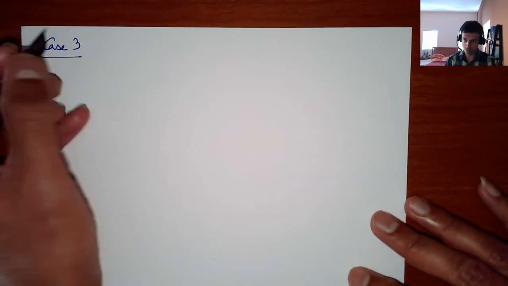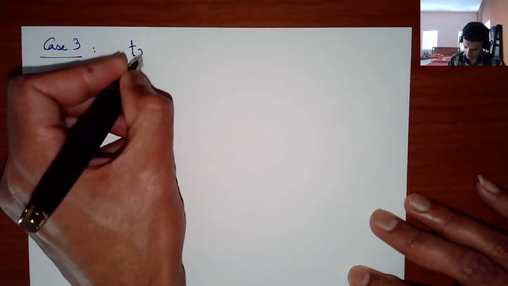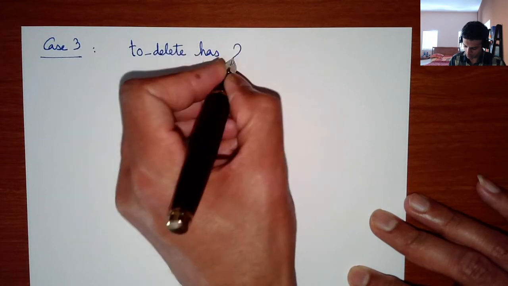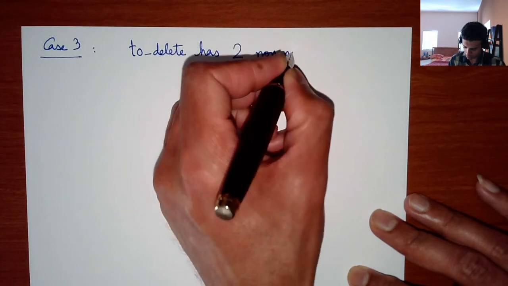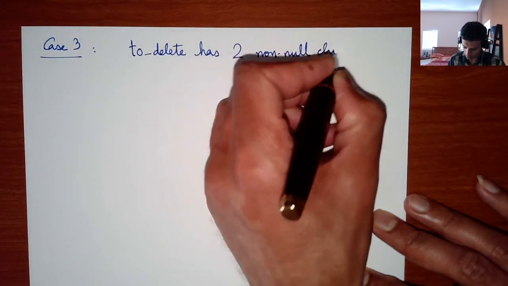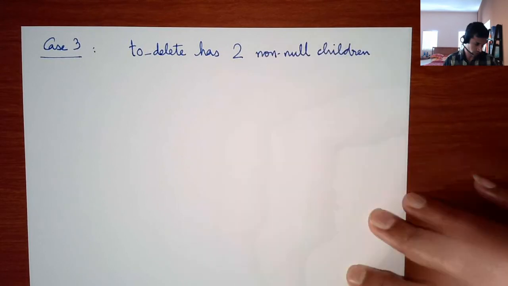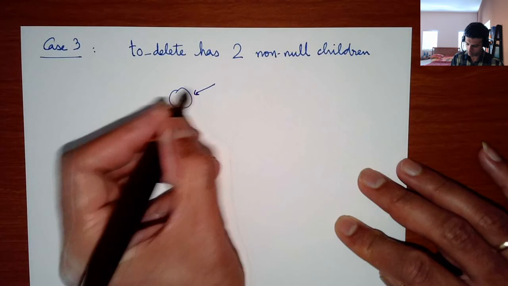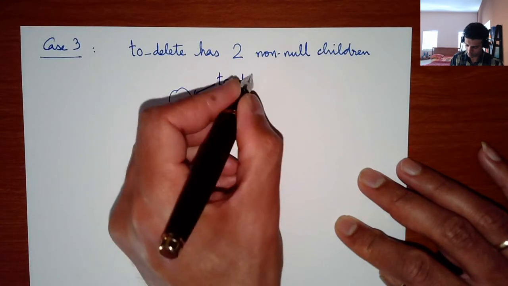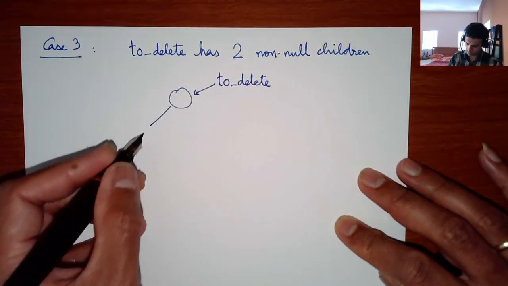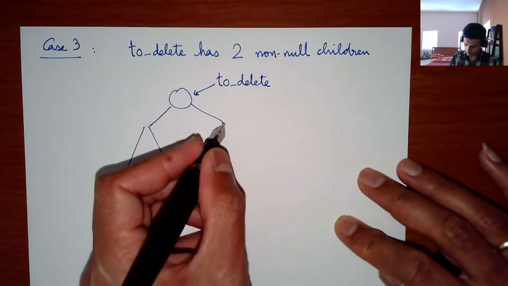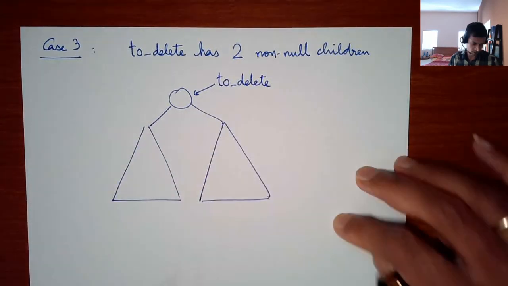So case 3 is toDelete has two non-null children. Okay, so here's what toDelete looks like. And so there's some subtree here, and there's some subtree here.